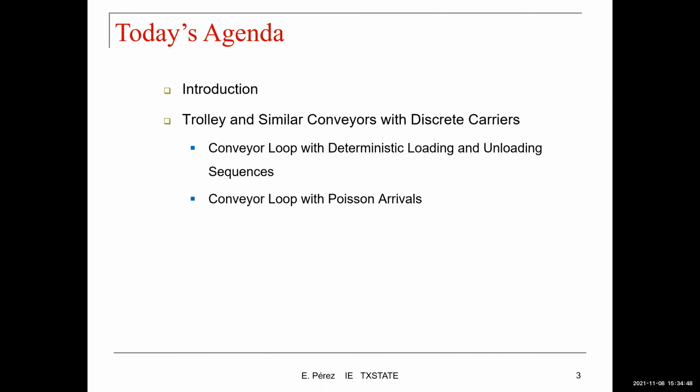Today, we're going to look at the stochastic scenario, in which we look at conveyor loops with Poisson arrivals, meaning that we don't know specifically when these arrivals are going to happen. So we're going to model those using a Poisson process. For the first type of conveyor, which is the one that we discussed on Wednesday, we knew for sure how many arrivals we were getting at any time period.